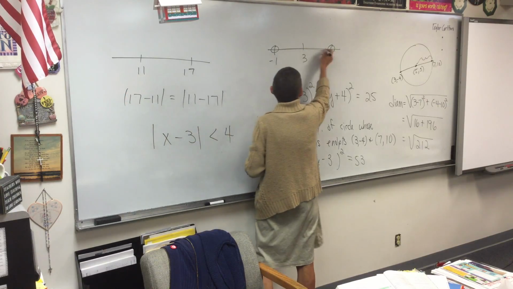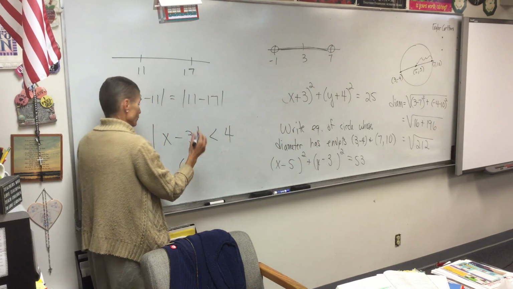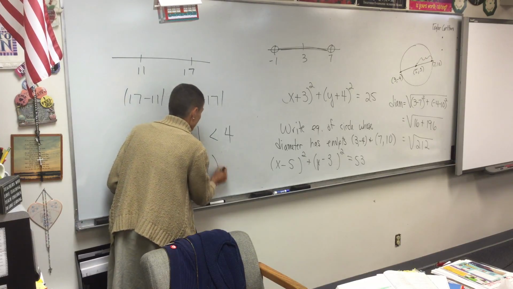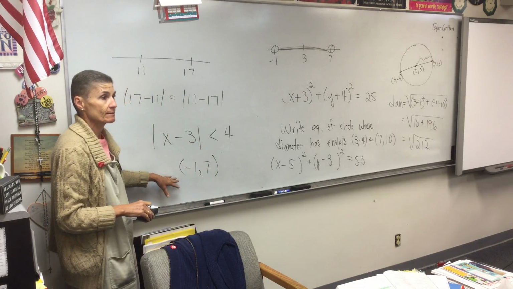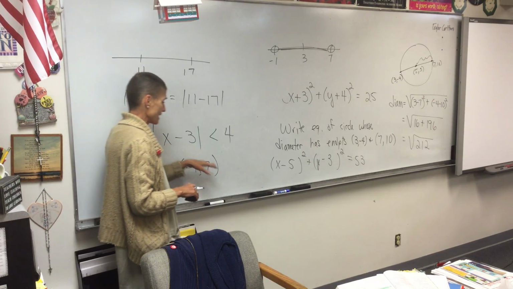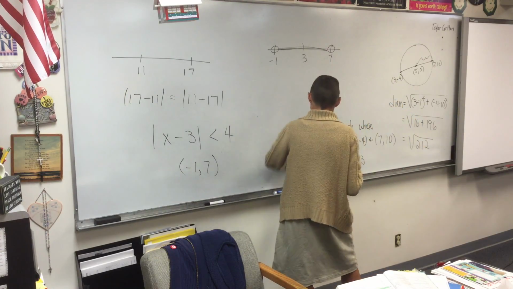Everything in between them. Very good. So the answer to that question in interval notation would be parentheses, -1, 7, parentheses. Those are the numbers that are less than 4 units away from 3.